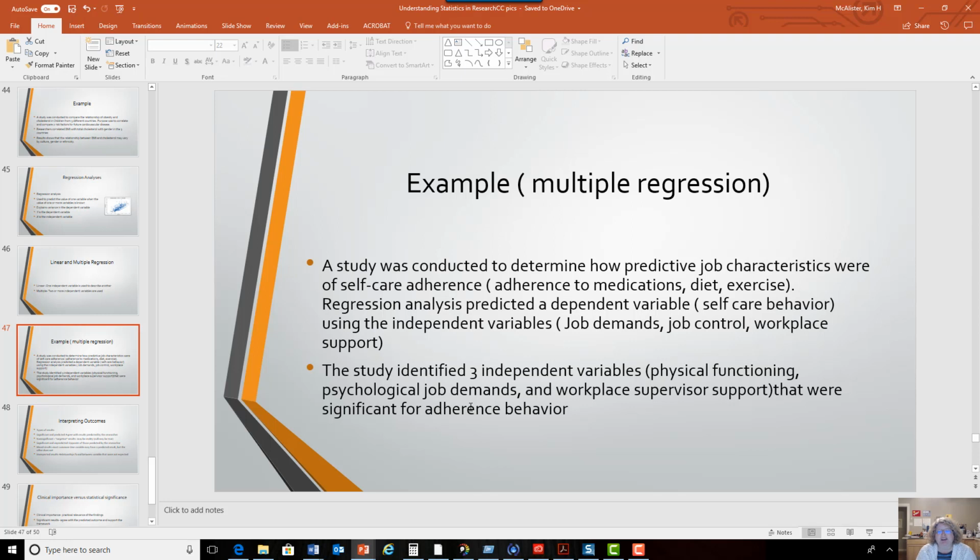The regression predicted a dependent variable, which was self-care behavior, using the independent variables, job demand, job control, and so on. The study identified 3 independent variables, which were physical functioning, psychological job demands, and workplace supervisor support, that were significant for adherence behavior.